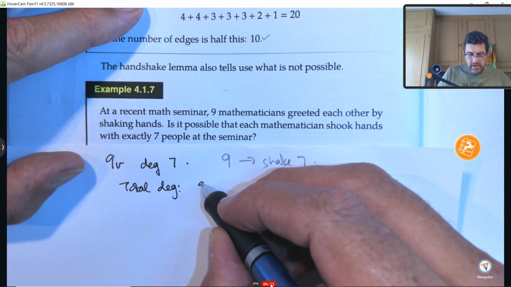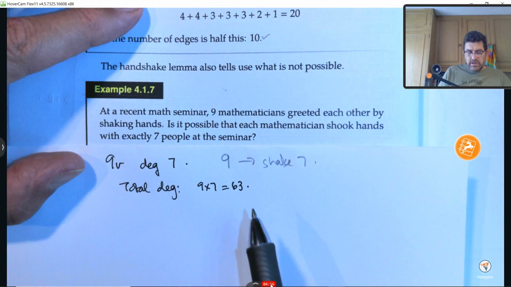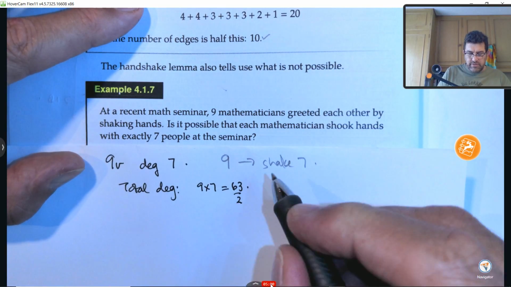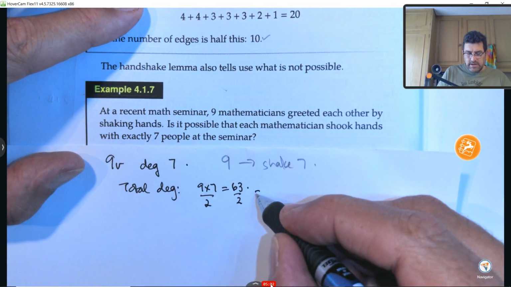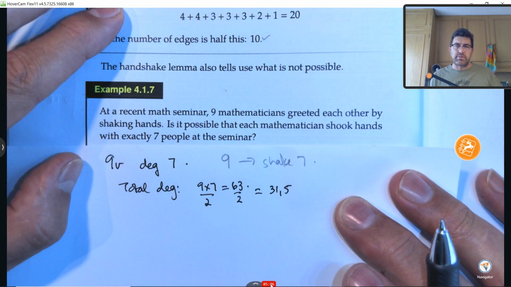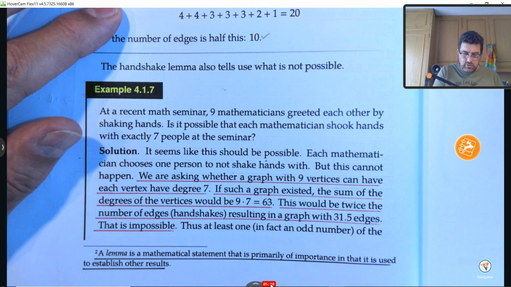will be 9 times 7, which is 63. Now to find the number of edges from that, we'll have to halve that. And that gives us 31.5, which is just simply impossible. So he makes that argument here quite nicely.